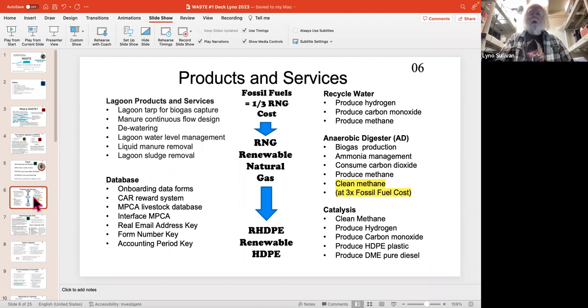So products and services, lagoon management, that's a big deal. When it rains, a lagoon fills up, and they put tarps on them and capture the methane that comes off, and capture rainfall. So there are lots of solutions in the space. Nothing particularly new other than that we do it.